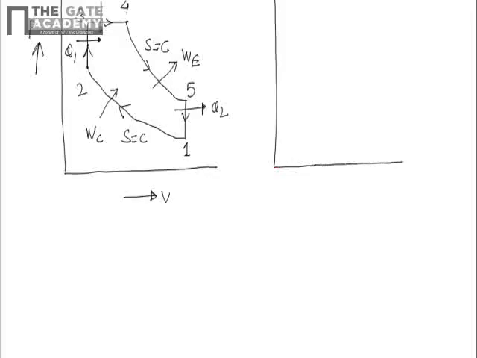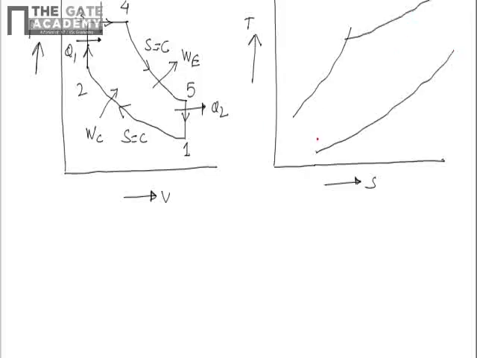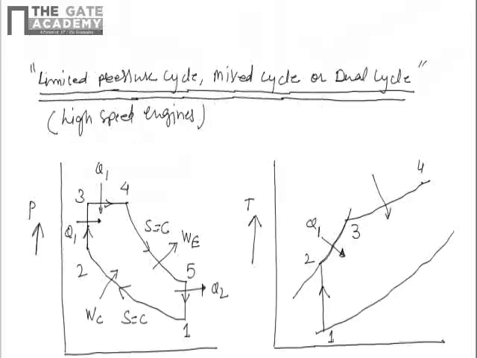Now I can represent this on the TS diagram also. So from 1 to 2 we are having isentropic compression. 2 to 3 we are having Q1, that is constant volume heat addition. 3 to 4 again we are having heat addition but at constant pressure, and 4 to 5 again isentropic expansion, and 5 to 1, that is constant volume heat rejection.